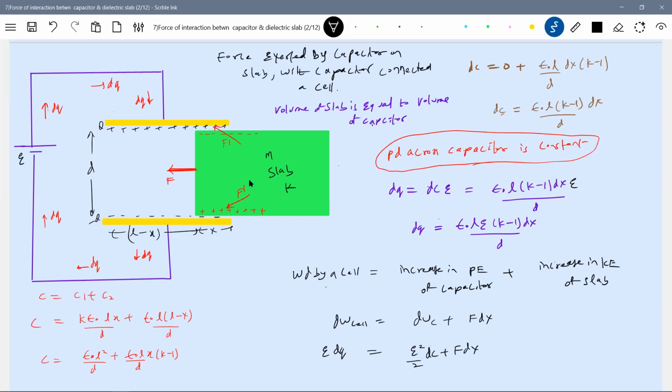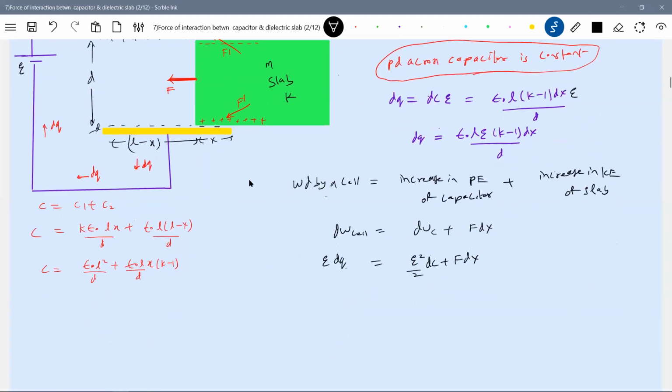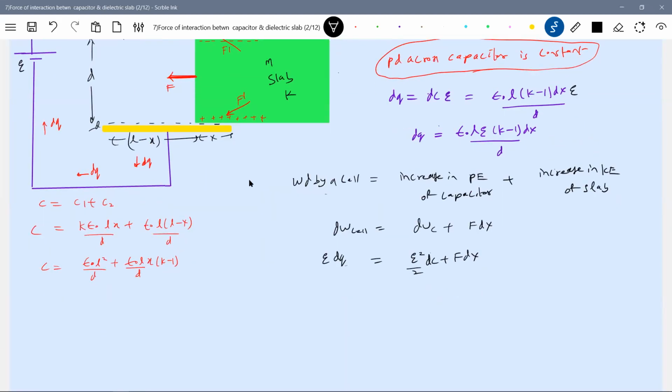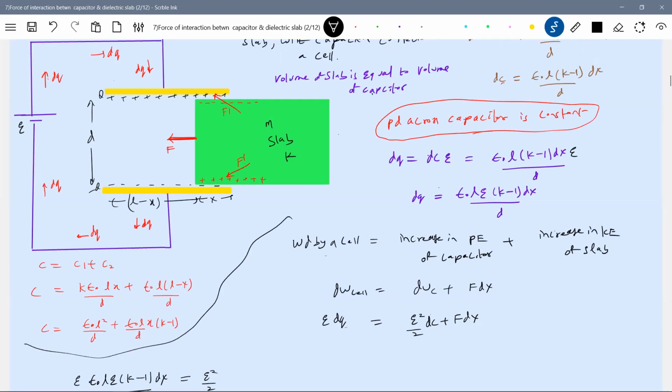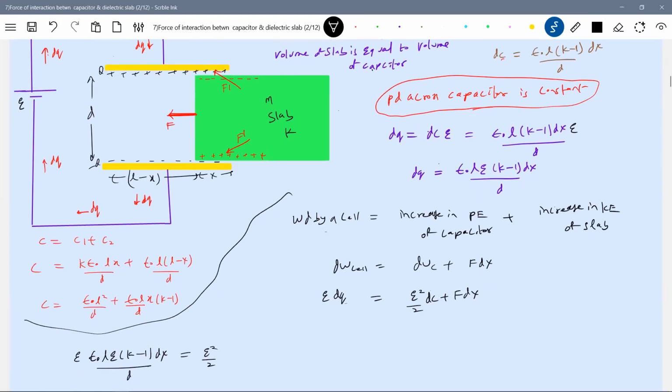F into dx. We want the expression for the force. I think I'm very near now. What is dq? We will substitute the value here. This will be E into dC. Books give it in a very complicated way. They want the expression, not the concept, and that's what I'm bringing through the energy equation. The dC value is already above: epsilon naught L (K minus 1) dx by d.